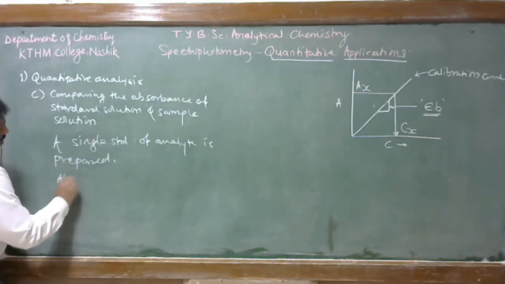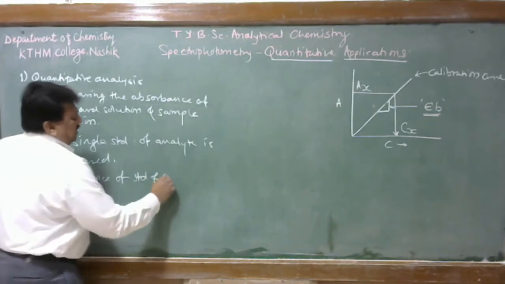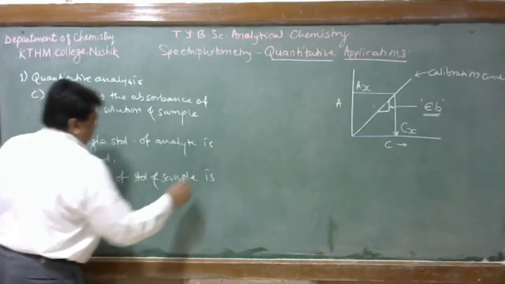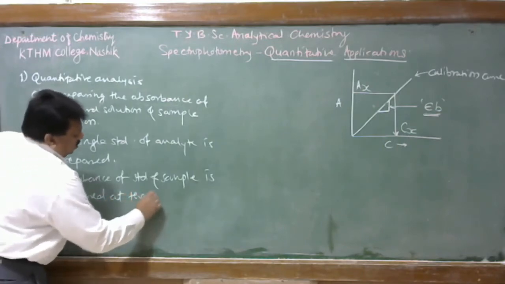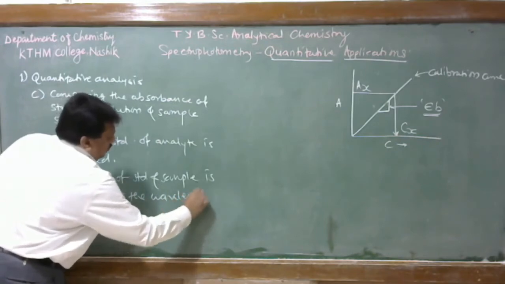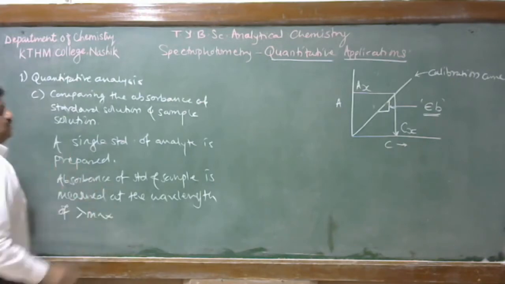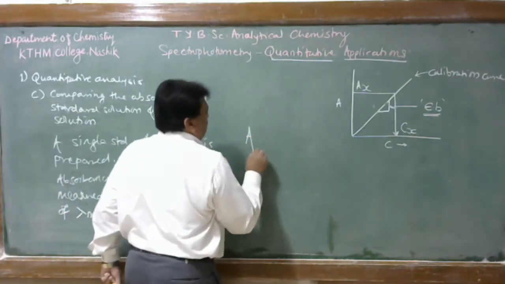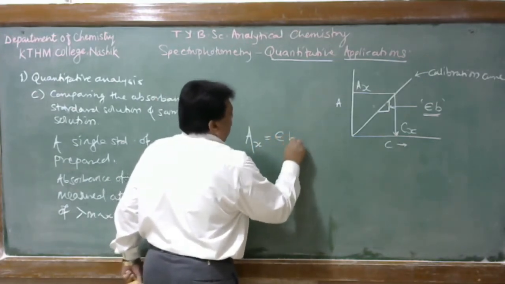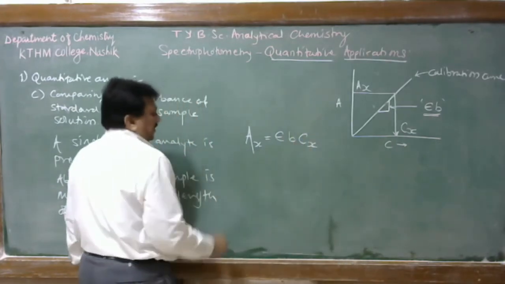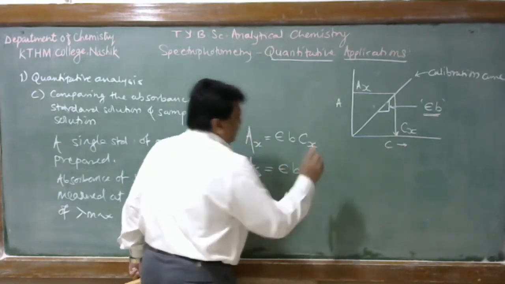Then the absorbance of standard and sample is measured at the wavelength of lambda max, and then we can find out the concentration. Therefore absorbance of sample is equal to epsilon into b into concentration of sample. Absorbance of standard is equal to epsilon into b into concentration of standard.